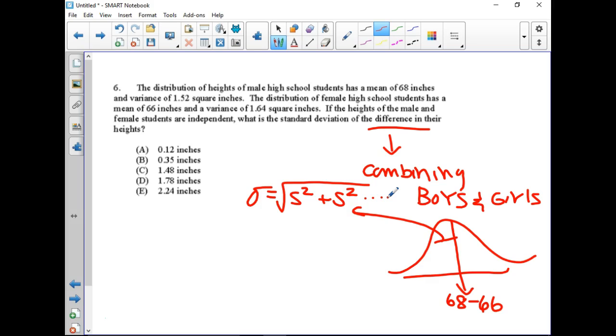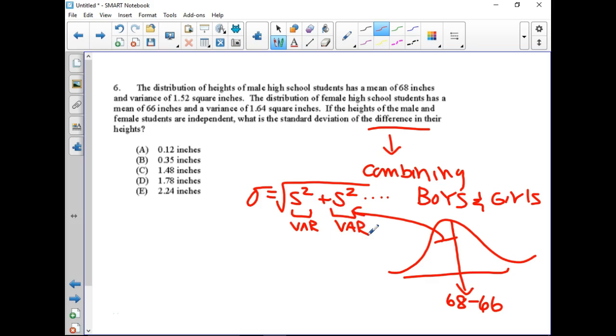So you keep going for 10 times. There's videos on that I posted, so please watch that if you don't know what I'm talking about right now. Right now I'm talking about the boys and the girls, so I take their standard deviation squared. Well, what you need to know there is standard deviation squared is the variance. So they already did it for you.